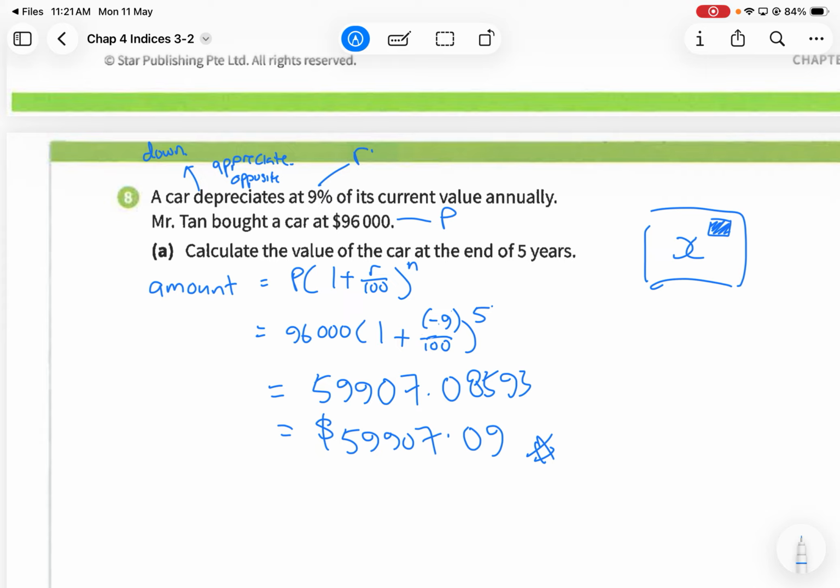Put the 5 over here, the 5 for the bracket. This button is beside your x squared.